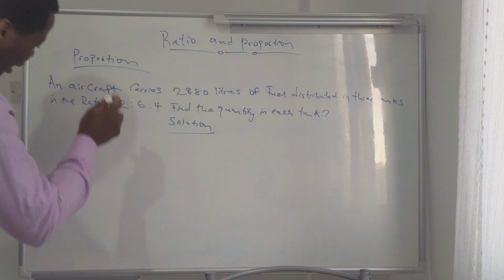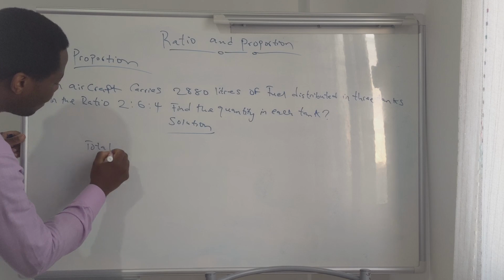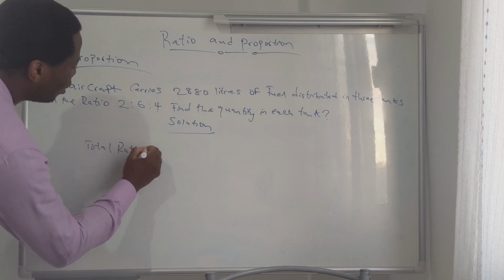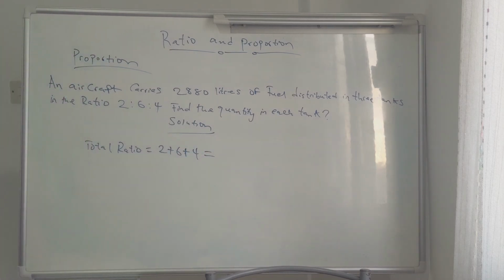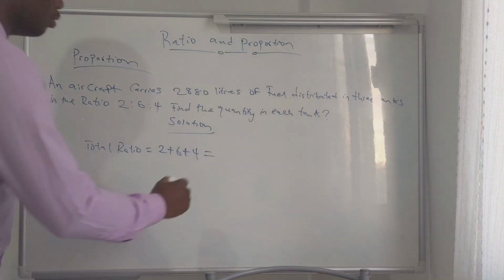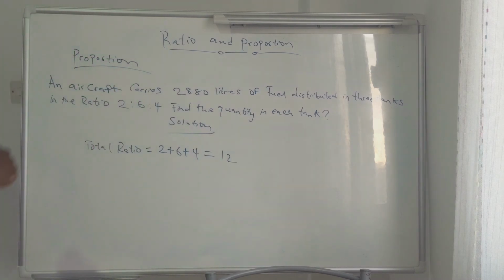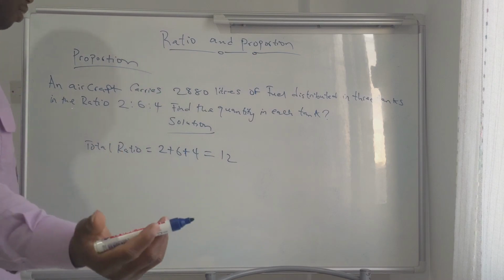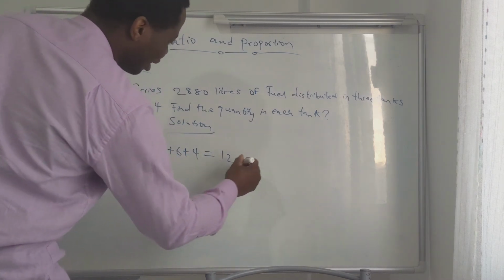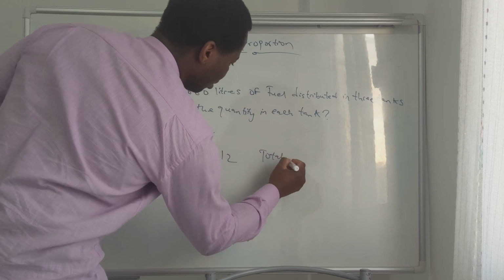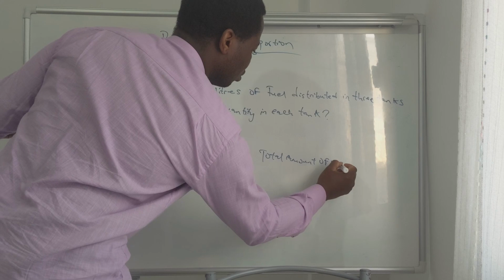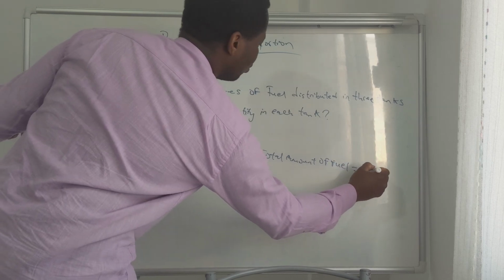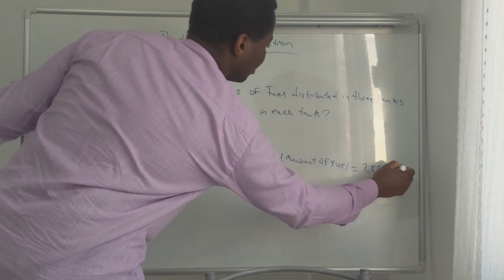So the total ratio is equal to 2 plus 6 plus 4. 6 plus 4 is 10, plus 2 is 12. Now, the total amount of fuel carried in these three tanks is equal to 2,880 liters.